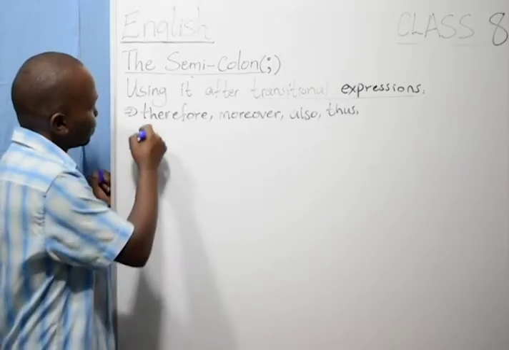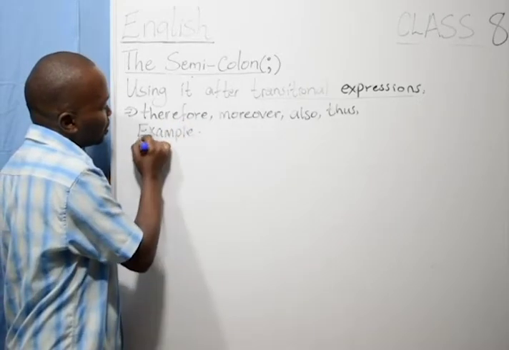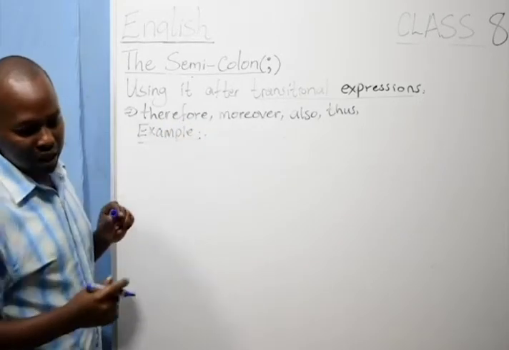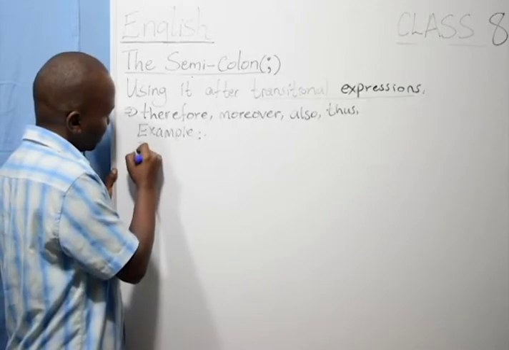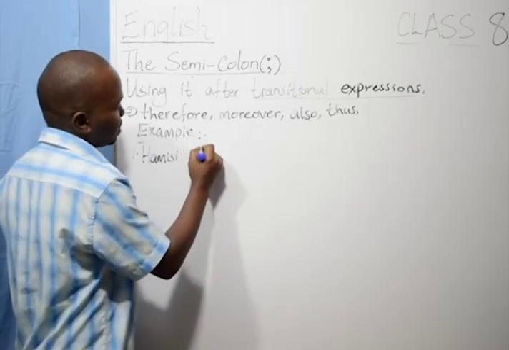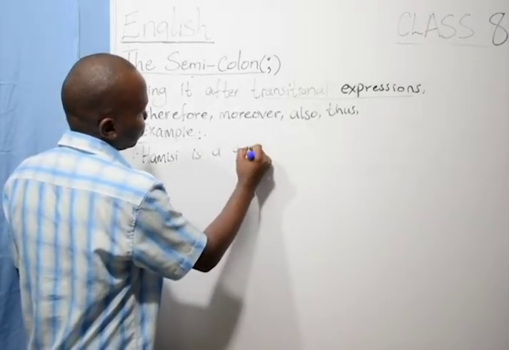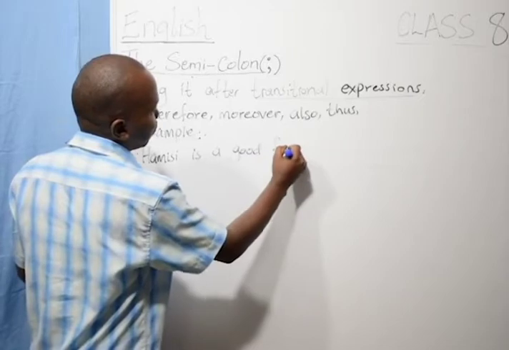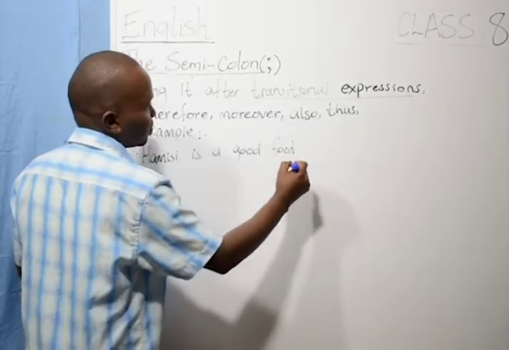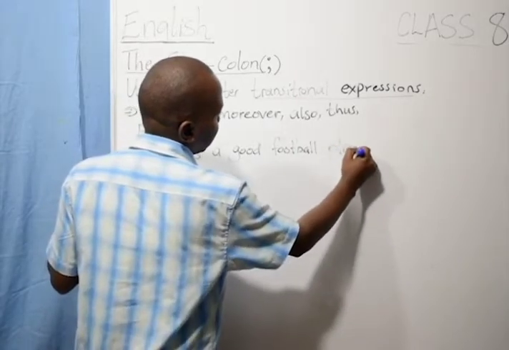Look at the example that I'm going to write on the board. Example: Hamisi is a good football player.